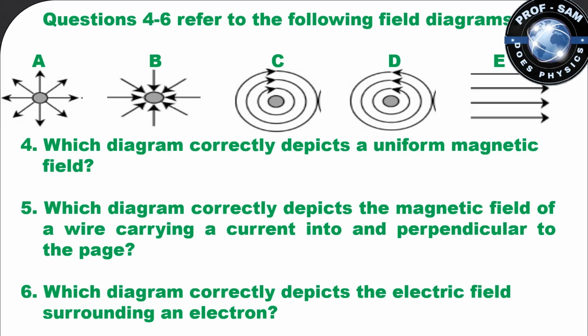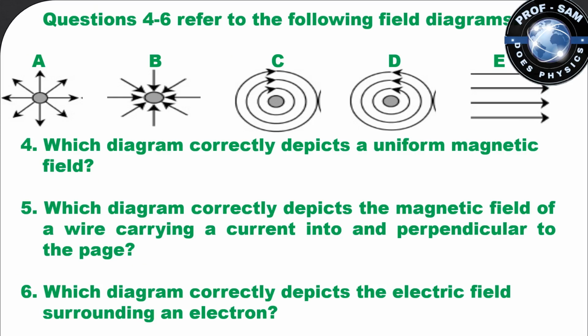Although option D is a magnetic field created by a current, it is coming out of the page, not into the page. So option D wouldn't be correct, but option C will be the most correct answer here.